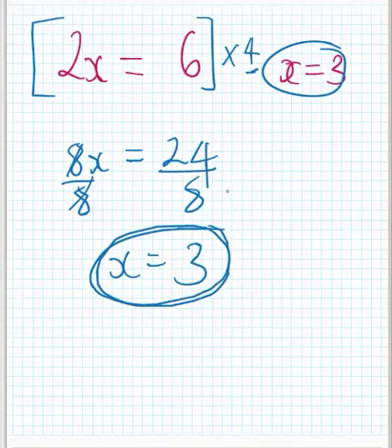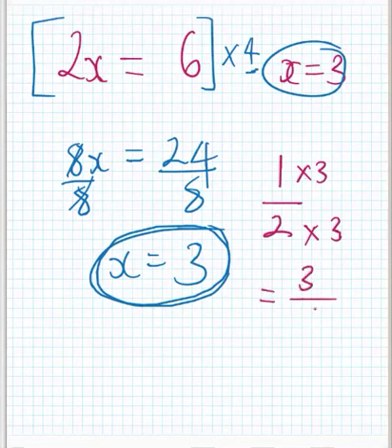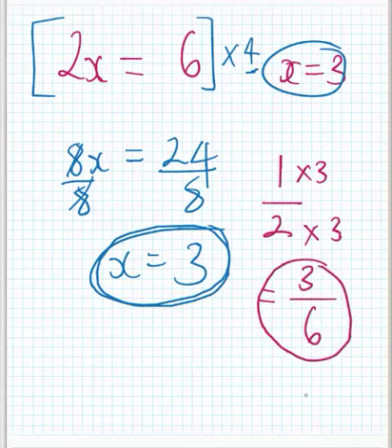And it links to fractions. For example, if I have a half as a fraction, okay, and we know that with fractions, what you do to the bottom, you must do to the top. So if I times the bottom by 3 and the top by 3, I'll end up with 1 times 3 is 3 over 2 times 3 is 6. I know that 3 over 6 is still what? If I put it in my calculator, I will still get 0.5 or a half.